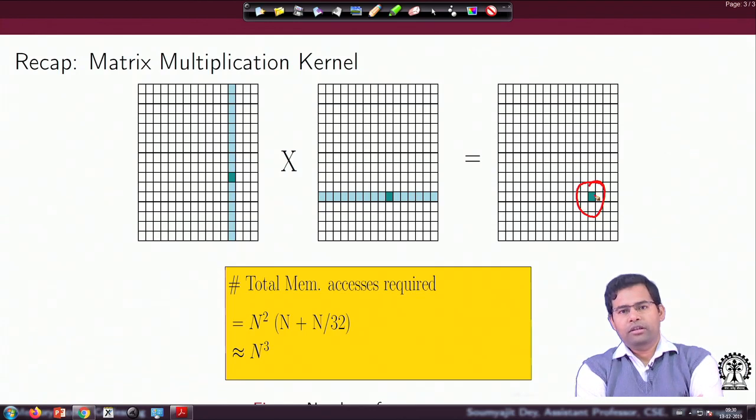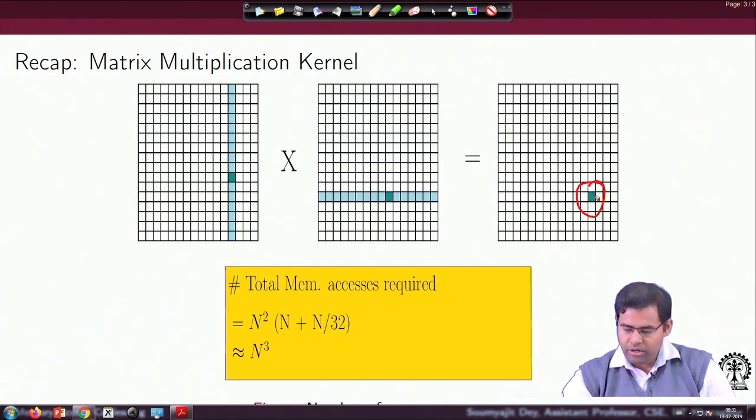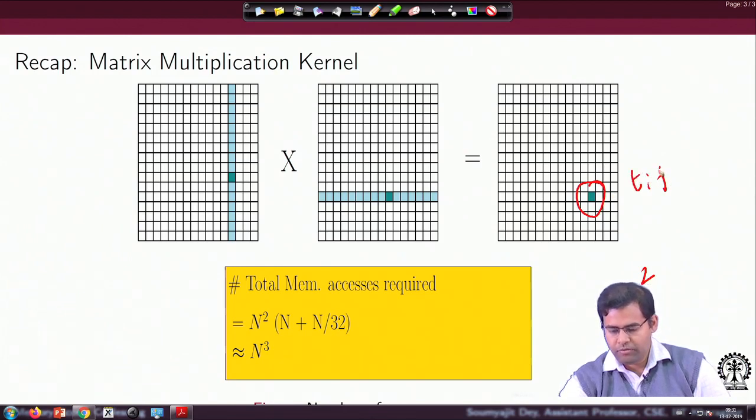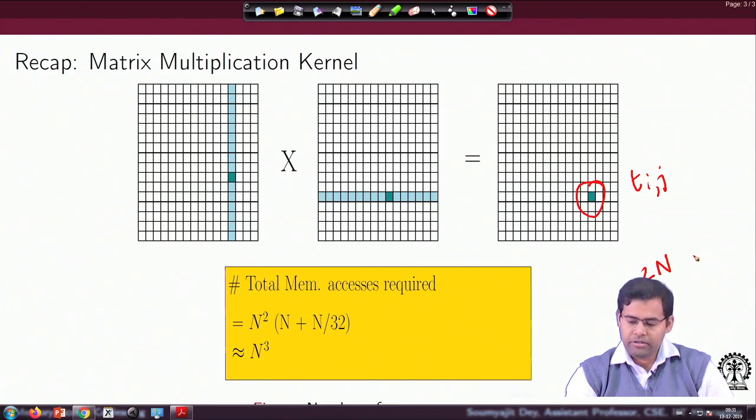So I need access to n elements from a row, and n elements from a column. That's n plus n, that's 2n. So the thread doing this computation would require access to 2n elements from the global memory.